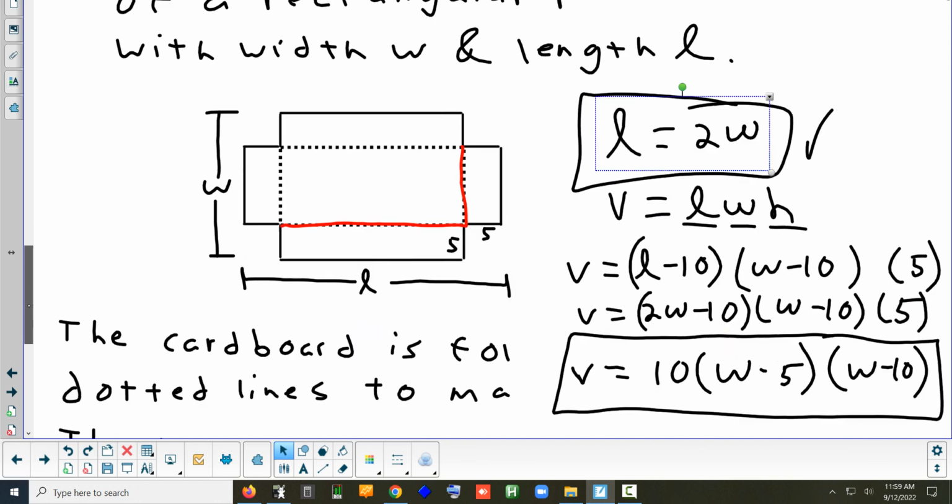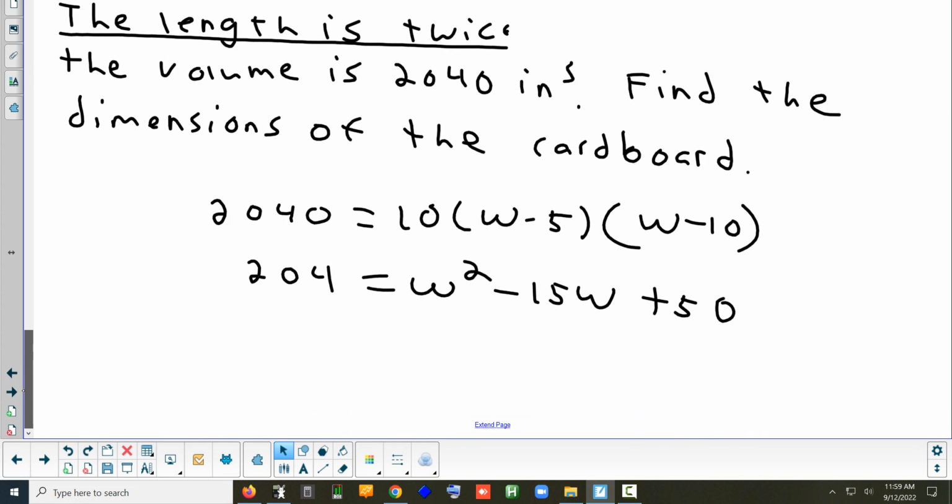Okay, so we actually went through more of it than I thought we would, but we're like 90% done with the problem at this point. Wait, how would you find W? Get it equal to 0 and use the quadratic formula. So minus 204 from both sides, and then use the quadratic formula.